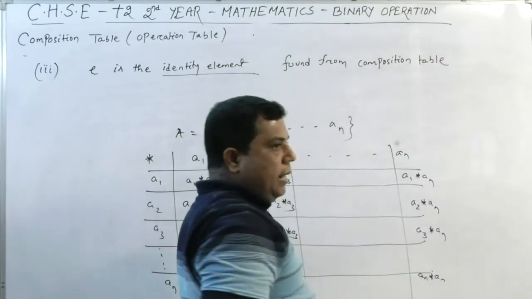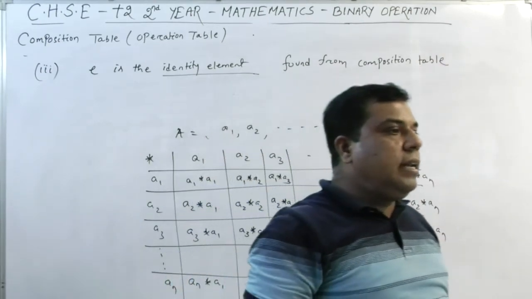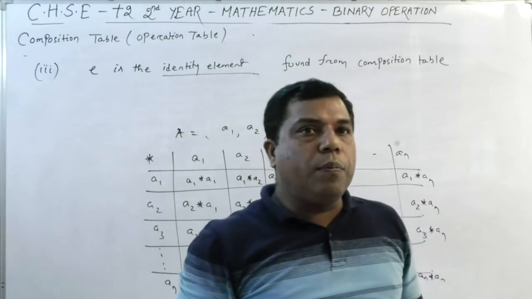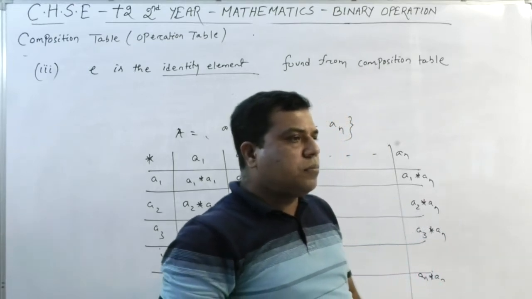We have to find out whether E is the identity element in the composition table.